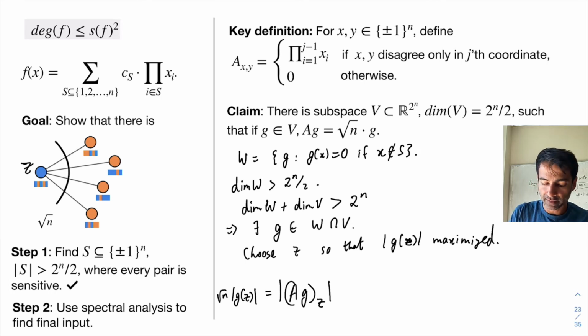On the other hand, you can just write out the formula for this. This is the sum over all x of G(x) times A(x, Z). Actually, it's the other way around. Let me write it like this: A(Z, x) times G(x).